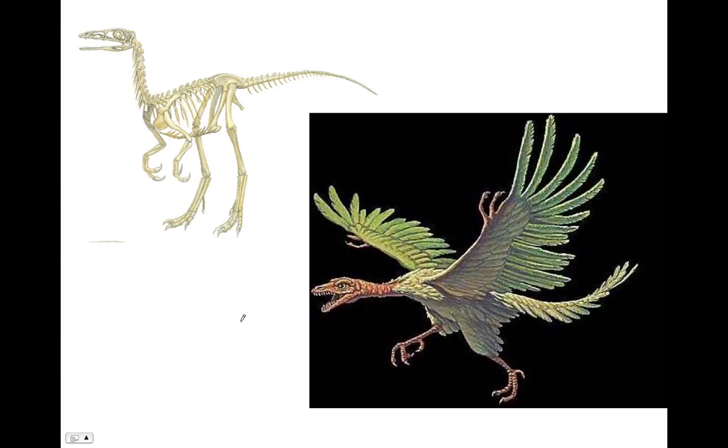Here we see what is known as Archaeopteryx. The name means ancient wing, and Archaeopteryx is thought to be one of the first known birds. It has a lot of features that you would associate with a modern-day bird, including wings with flight feathers on them and a tail of feathers.